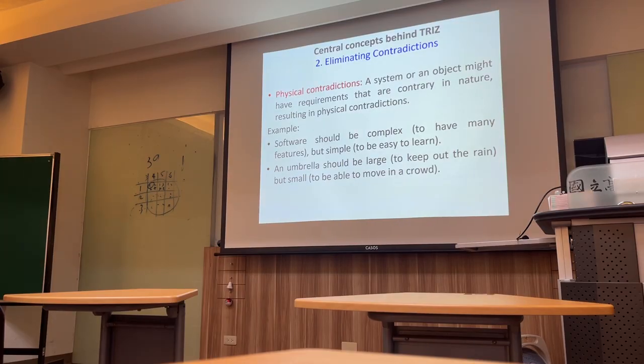So now we will discuss the 40 principles. And maybe after that, I will work with you on one example, and I will teach you how to do it step by step. And then you need to apply it in the workgroup.